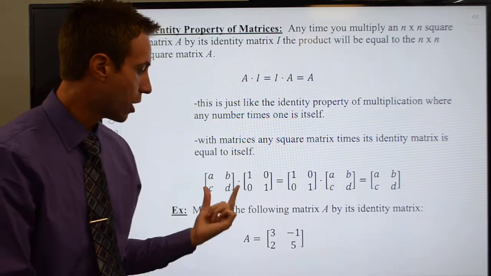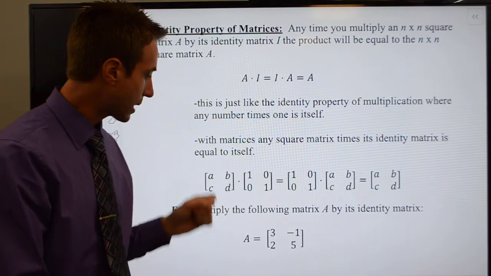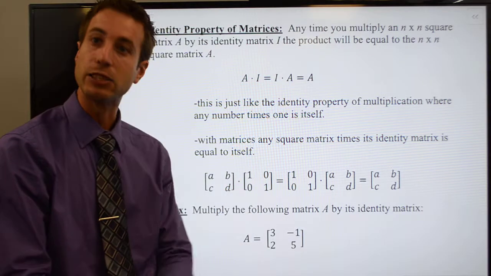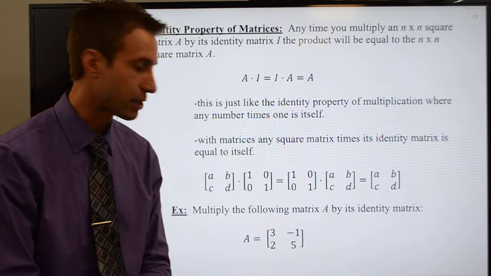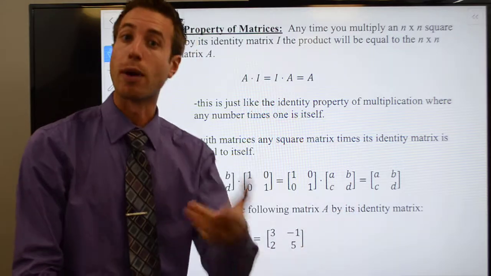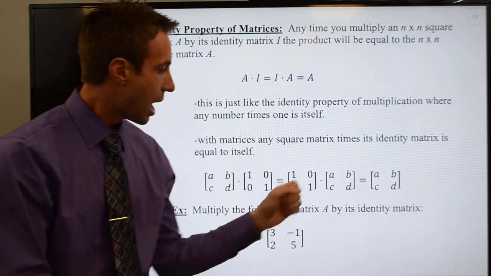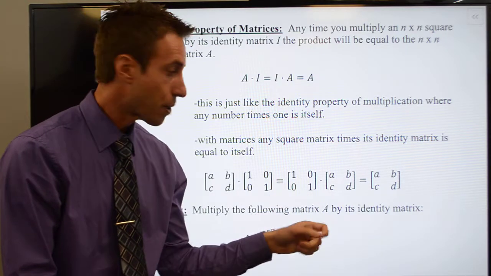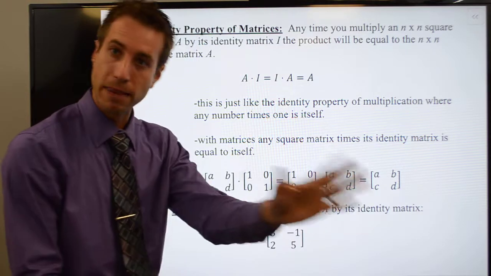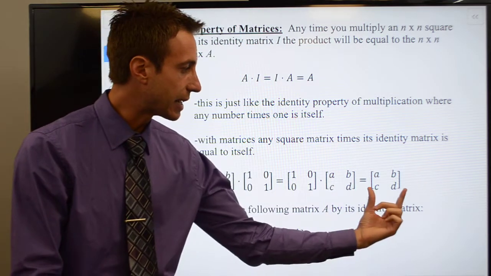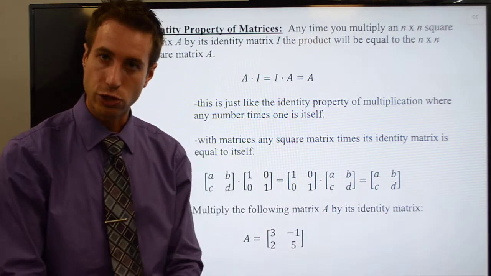I show that to you right here. I take the matrix A, B, C, D, and multiply it by the 2 by 2 identity matrix, or flip it if you want, because multiplication is going to be commutative in this case. Any identity matrix multiplied by some matrix, you get to pick what you want the matrix to be, I get back the original matrix.